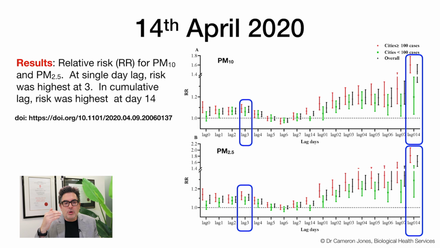The top represents the coarse fraction, the bottom is the fine particle fraction, and the lags represent the time from initial exposure to when there was a problem. A problem in this case is relative risk, which is succumbing and actually getting COVID-19.